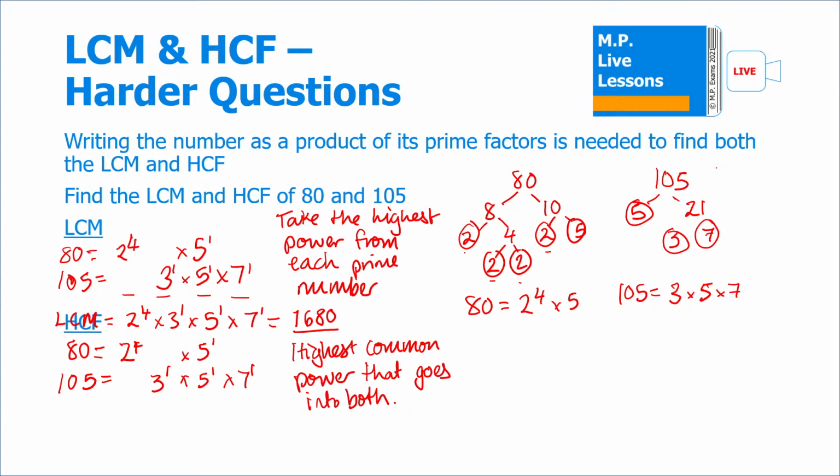As in, for example, there's no common power for the 2's here, because 105 does not have 2 as any of its prime factors.